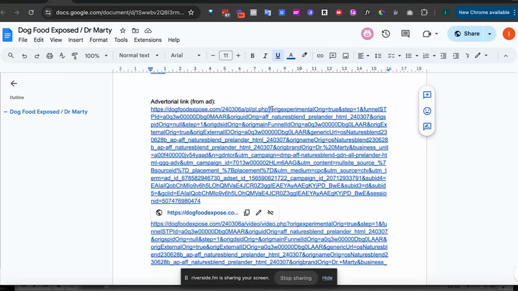And what's really interesting to me is there's a combination of stuff here. So we've got origin experiment original equals true, and step equals 1, and funnel step ID equals this. These are all things for their very specific internal CRM that's telling them facts about their tests, right?